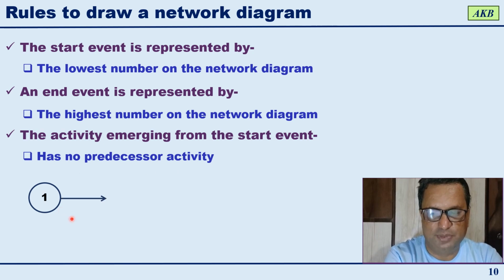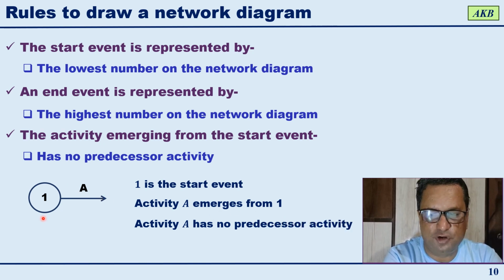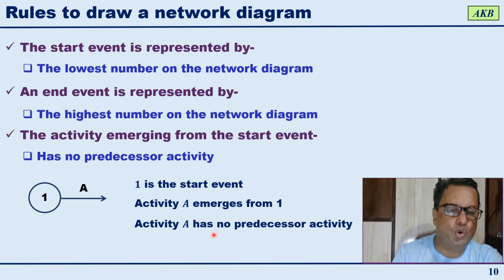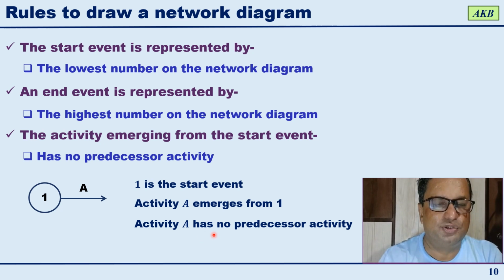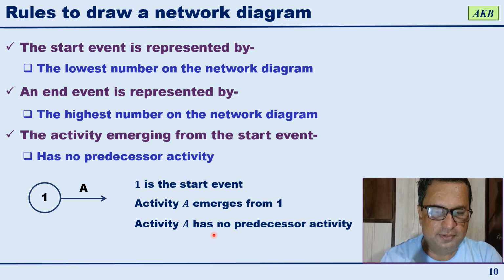So for example, over here, you have event 1, activity A starts at event 1. So 1 is the start event for activity A. Activity A is emerging from 1, which is the start event, and therefore activity A has no predecessor activity. An activity which does not have any predecessor activity will start at the start event.